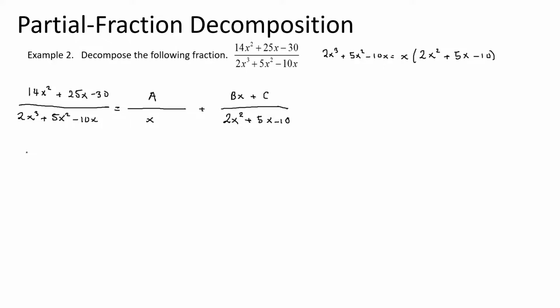So the left side of the equation will stay the same, so 14x squared plus 25x minus 30 all over 2x to the third plus 5x squared minus 10x will equal, again with common denominators, a will get multiplied by 2x squared plus 5x minus 10.